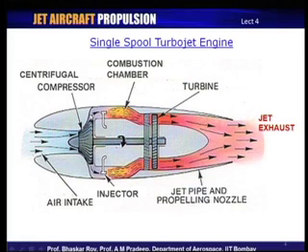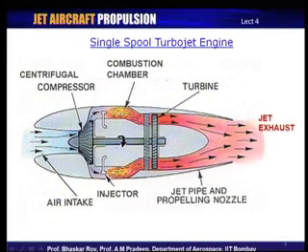Fairly high amount of compression can be achieved through a centrifugal compressor, and then this is delivered to the combustion chamber, where again you have fuel injection, you have burning of fuel, which raises again the temperature of this gas, which of course has already been compressed to high pressure.